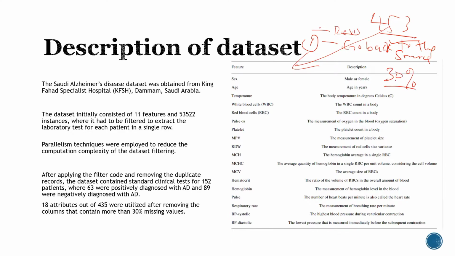If the missing value is up to 30%, we remove them, and we are only able to have 18. We can imagine the number of attributes with missing values. It means the super majority of the attributes contain over 30% missing values. You see, this is the idea.